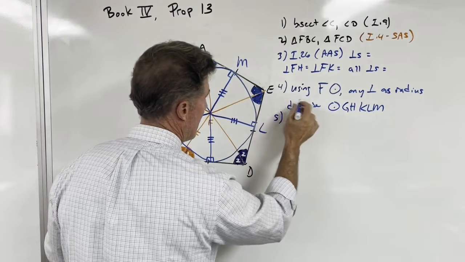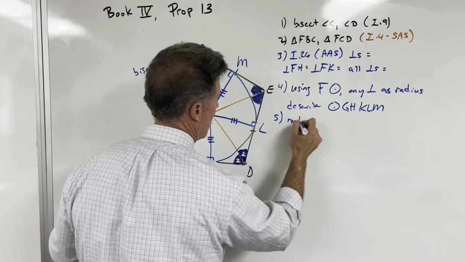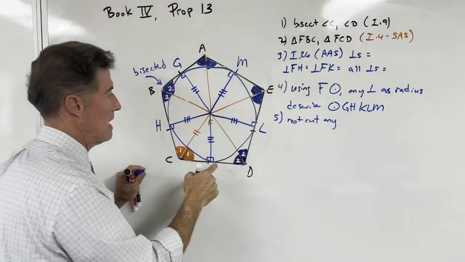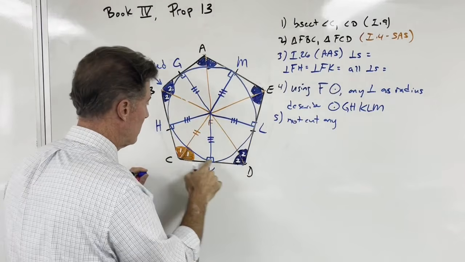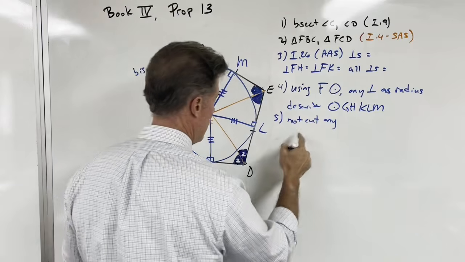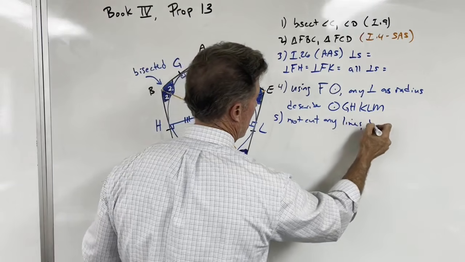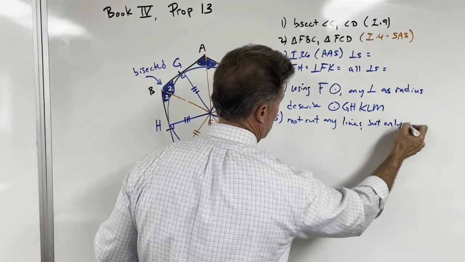So I say that this circle will not cut any of these lines, but will merely touch them. So this circle doesn't cut CD at K, it just merely touches. It doesn't cut any of the lines, but only touches.